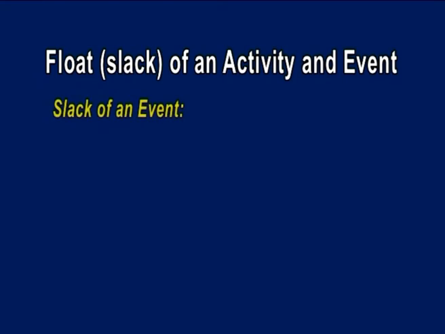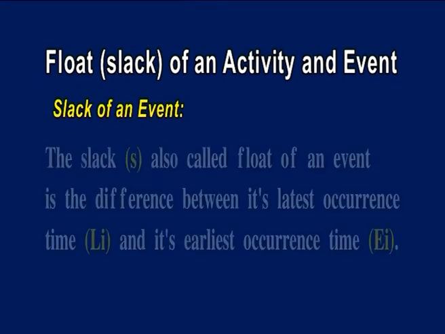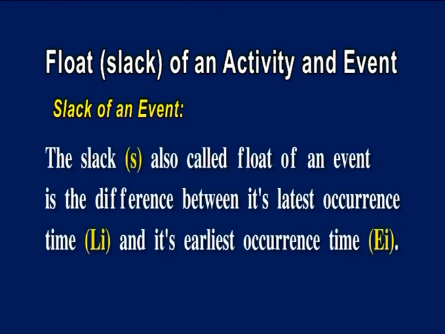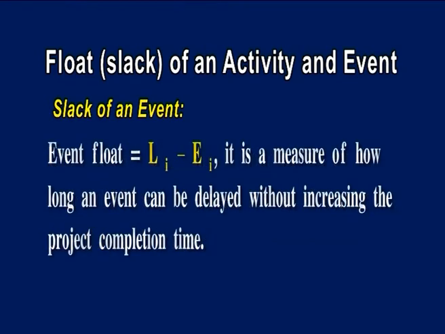Coming to slack of an event. The slack, also called float of an event, is the difference between its latest occurrence time, that is L of I, and its earliest occurrence time, which is E of I. That is, event float is equal to L of I minus E of I. It is a measure of how long an event can be delayed without increasing the project completion time.